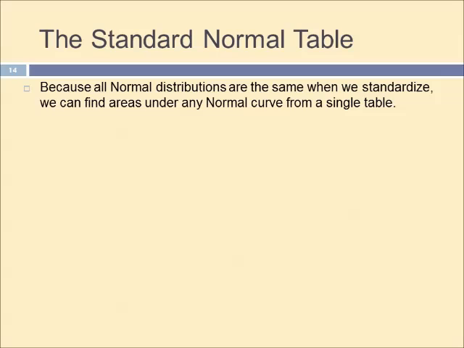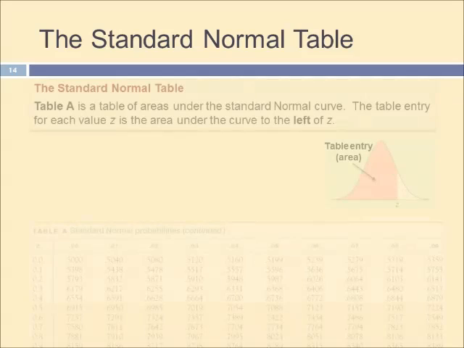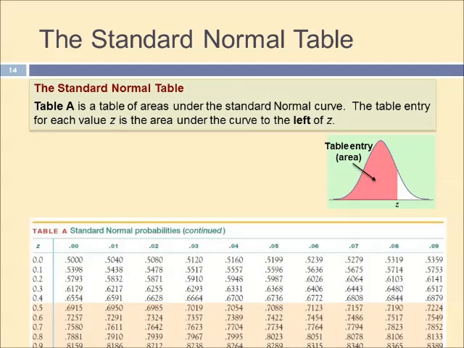Because all normal distributions are the same when we standardize, we can find areas under any normal curve from a single table. That's the advantage. So let's take a look. This is Table A in the back of the book. There are many tables that are probably available on the internet. It is a table of areas under the standard normal curve. The table entry for each value z is the area under the curve to the left of z.